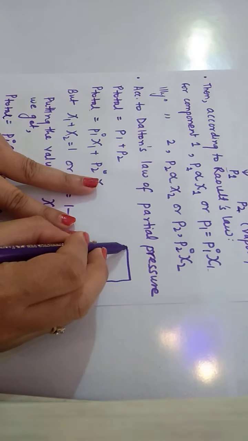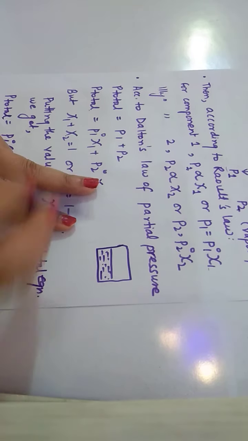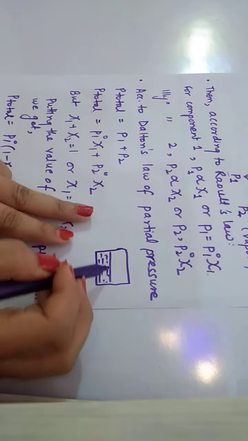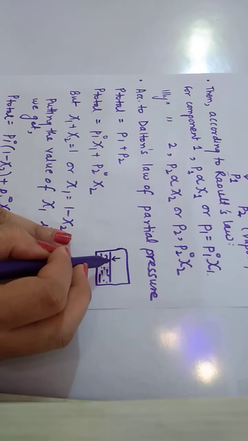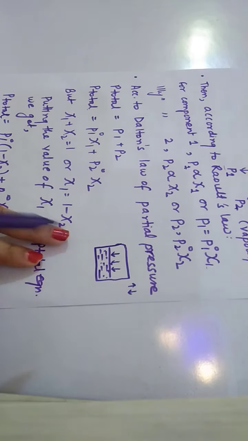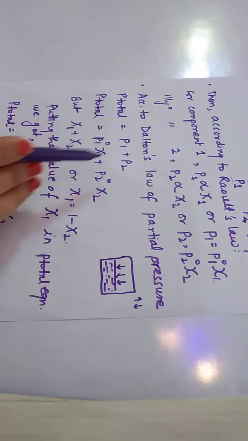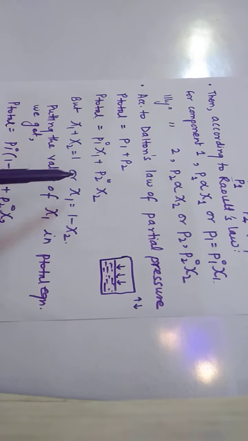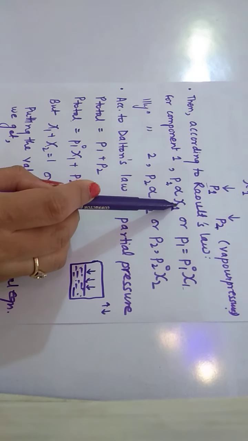We are saying that if we have a solution in this container, made by mixing two volatile components 1 and 2, then the vapor pressure over this solution may increase or decrease with the mole fraction of component 1.